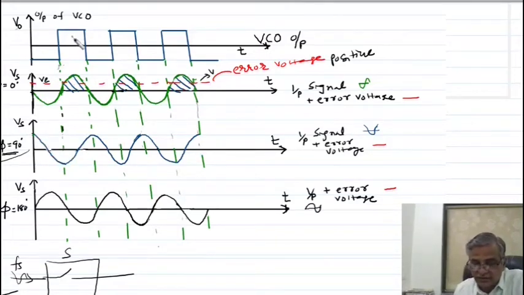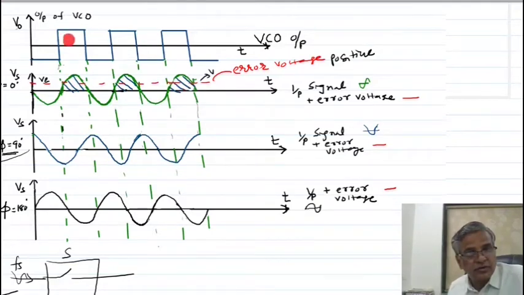We know that when the positive half of the square wave appears at FO, the switch is closed.